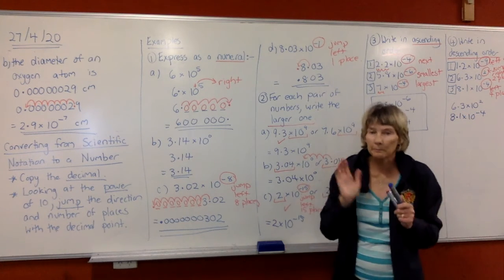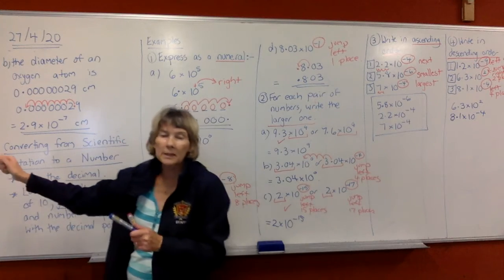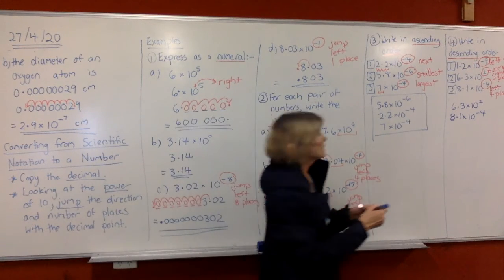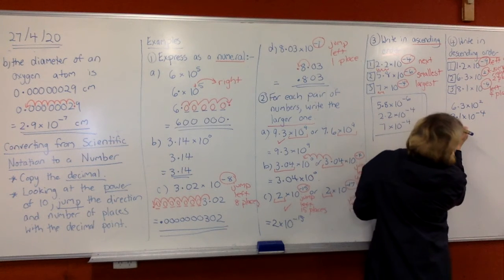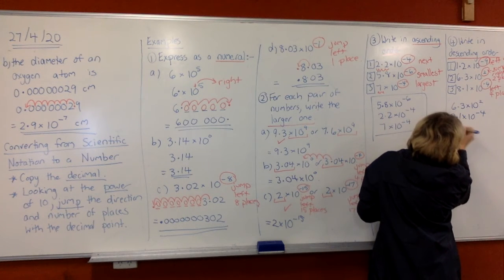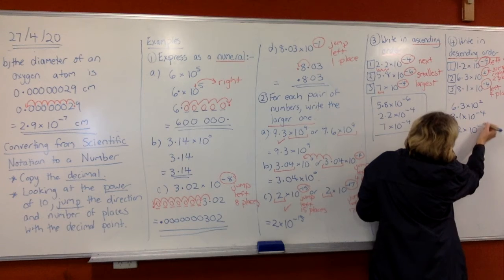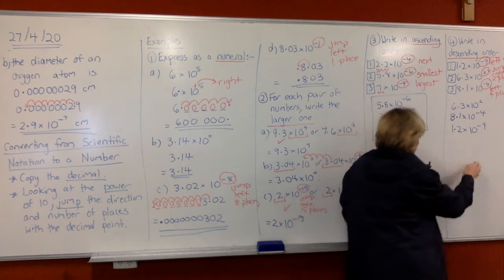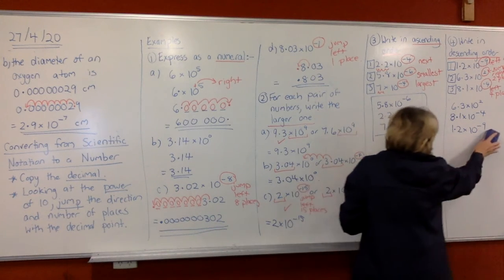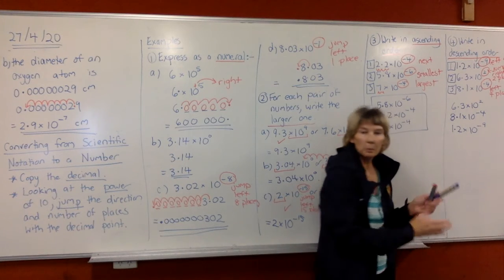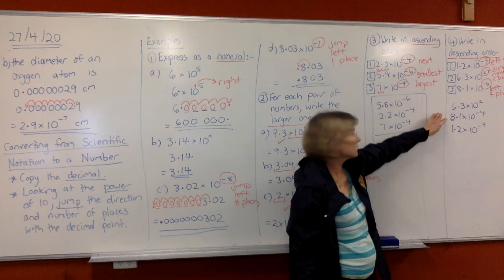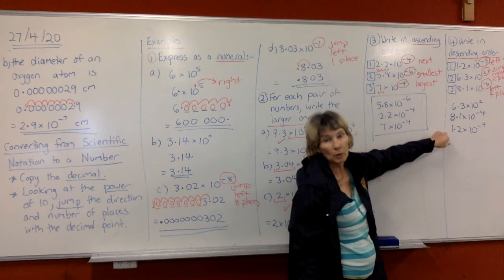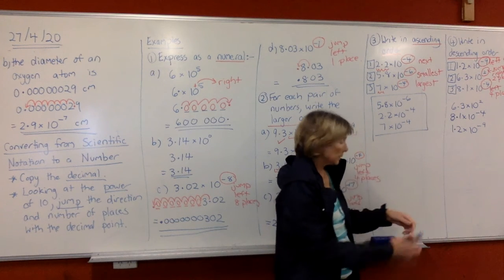And the one where we jump 9 places to the left, that makes it a really small number. So that one's going to be our last one. So that's putting it in descending order. That's our biggest, that's our next biggest, and that's our smallest. And I hope you understand that.